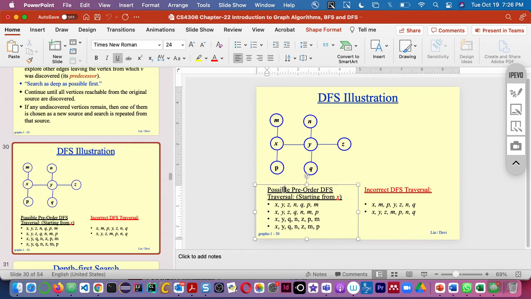So for instance, now starting from x, the depth first search algorithm follows actually pre-order traversal.